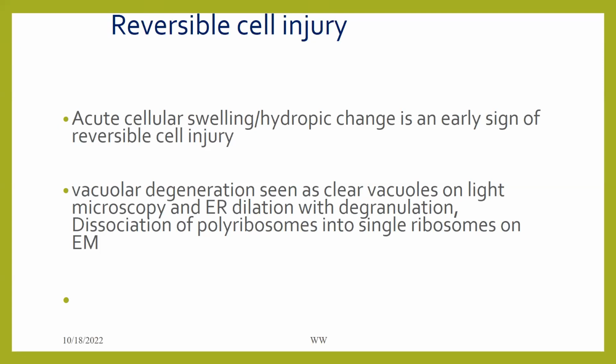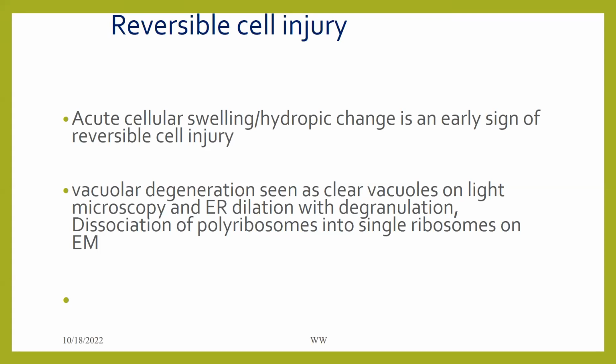And when we look at the electron microscopy changes, the reversible changes are shown as vacuolar degenerations. These are little vacuoles, fluid vacuoles actually, within the cytoplasm. And there's also endoplasmic reticulum dilatation. Remember the plasma membrane forms the ER, the endoplasmic reticulum, and the ribosomes.